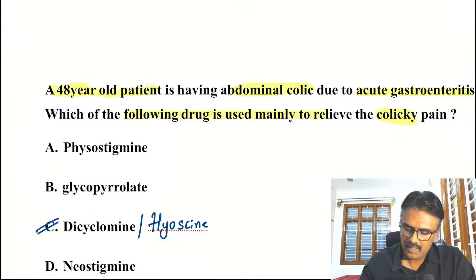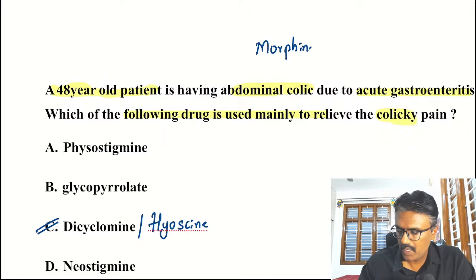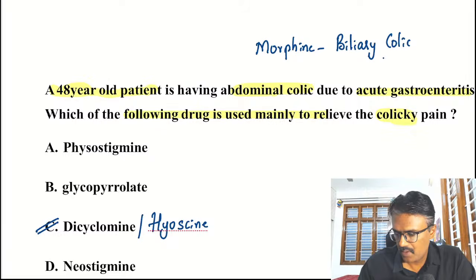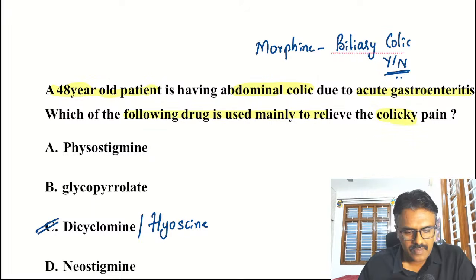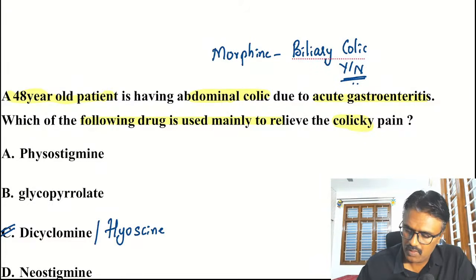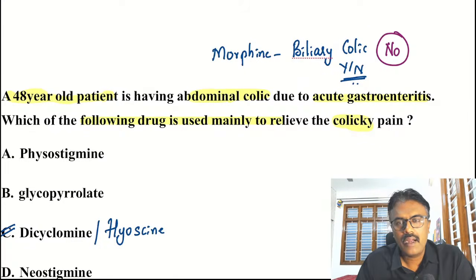Now tell me, can we use morphine in a colicky pain called biliary colic? I want yes or no from you people, whether we give morphine in abdominal pain due to biliary colic. Yes or no? If you say no, then you are right, because morphine worsens the pain by contracting the sphincter of Oddi.